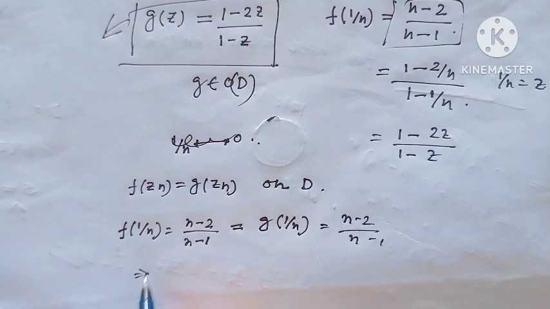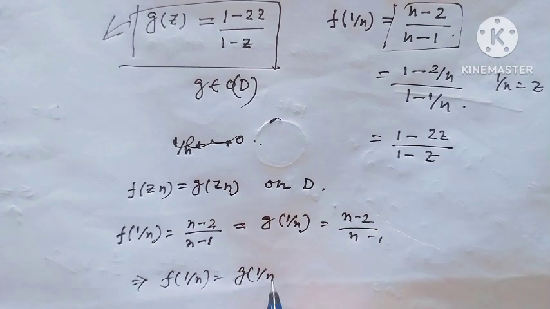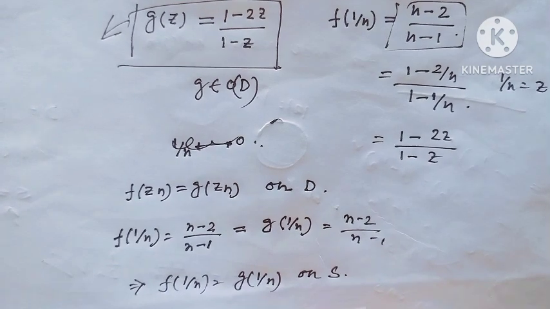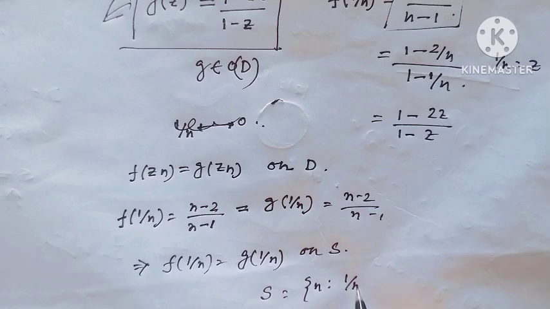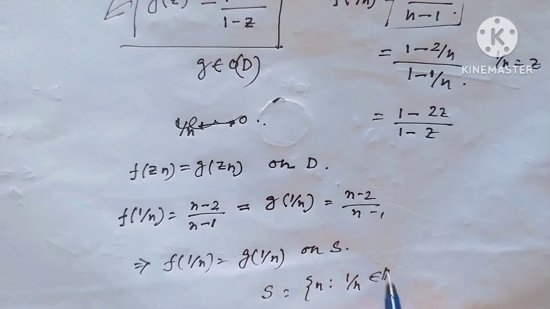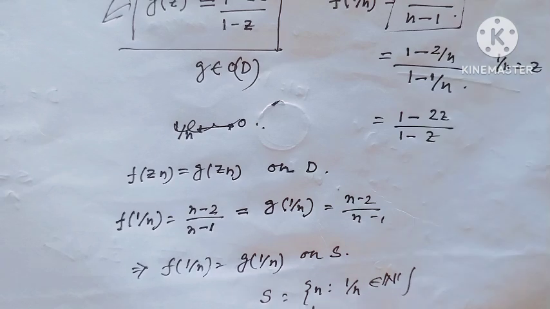That means f of 1 over n equals g of 1 over n on the set S, where S equals the set of 1 over n for n a natural number. And obviously this goes to 0, and 0 belongs to D.